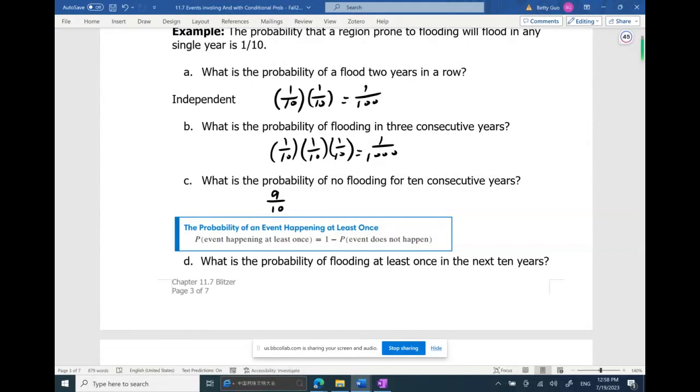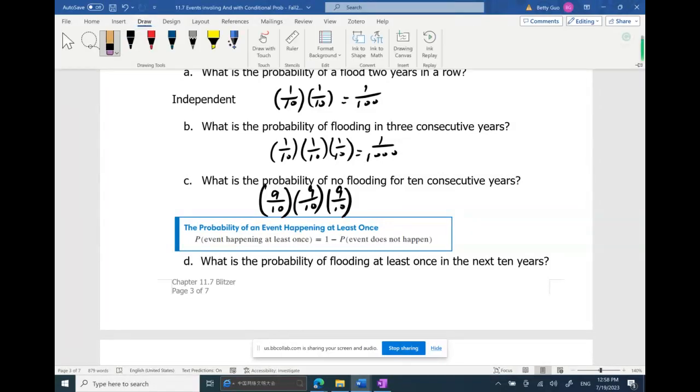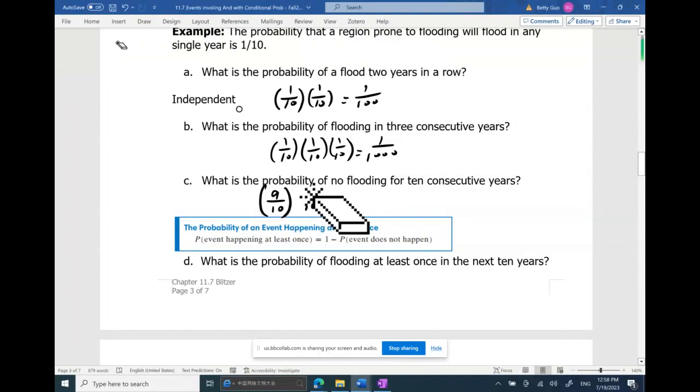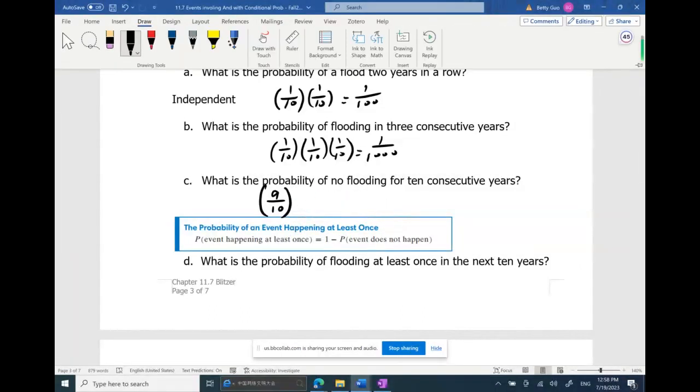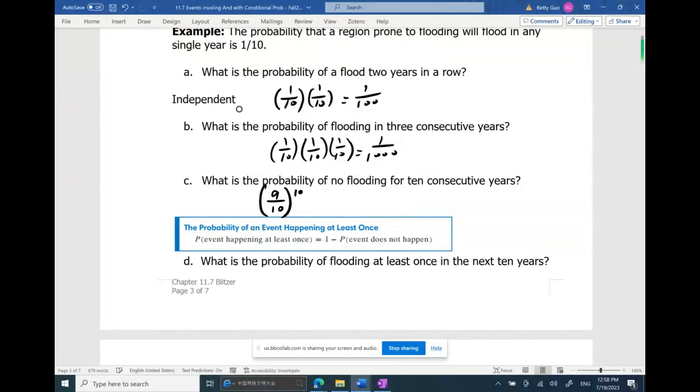That means the first year, no flooding, 9 over 10. Second year, no flooding, 9 over 10. Third year, no flooding, 9 over 10. You're going to write 10 of those, right? To make it easier, we know repeated multiplication is an exponentiation. We just raise 9 over 10 to the power of 10, and you figure out the result by using a calculator.